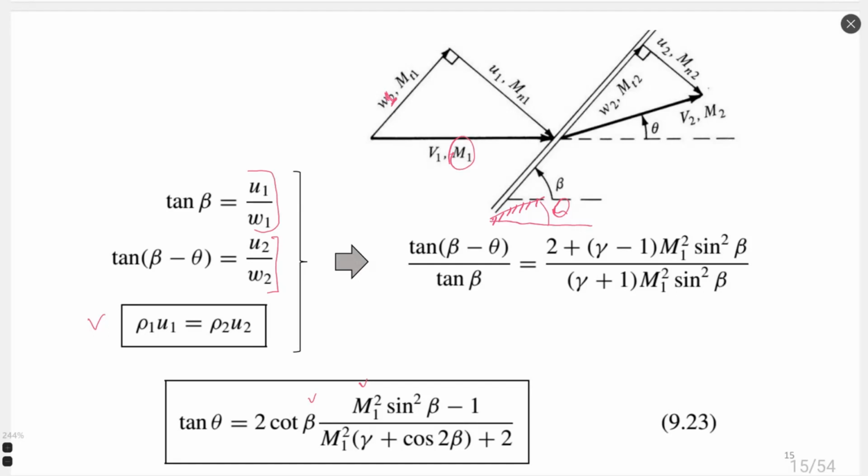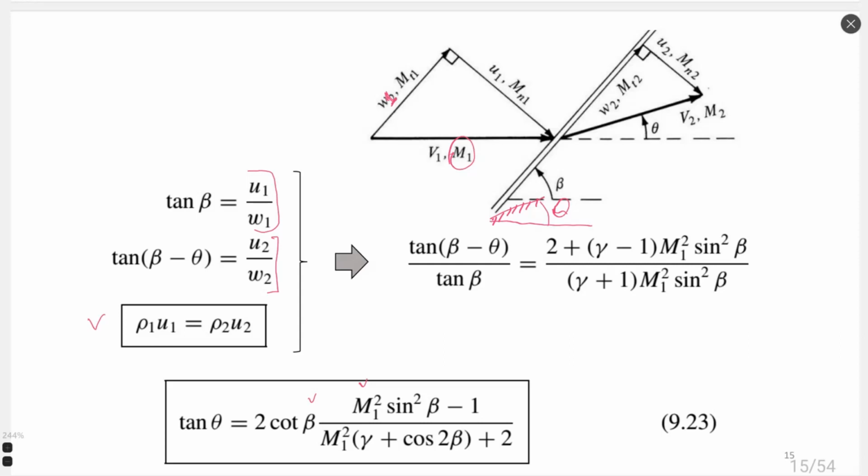This equation has three unknowns, so it cannot be solved analytically, right? As a relation, how big is the beta angle? In general, we cannot say because it's a function of two parameters, but in a practical way, it always can be solved. First of all, theta is known, because we work with some known geometry.